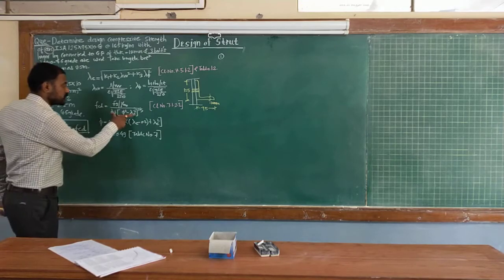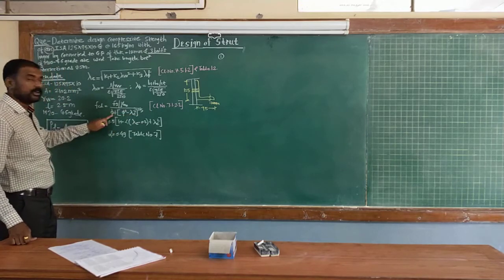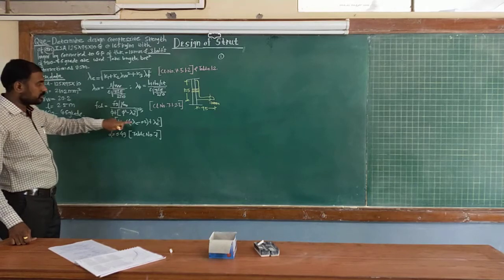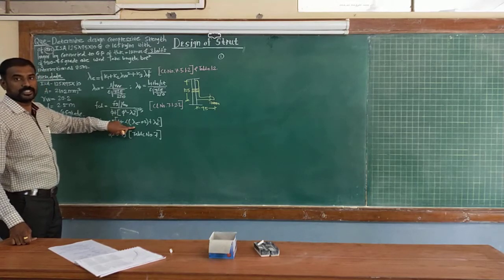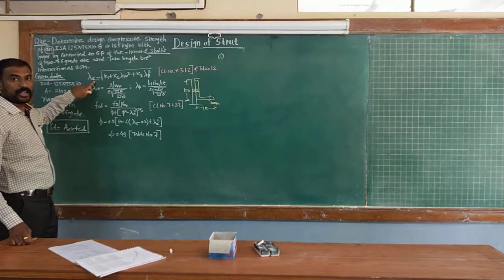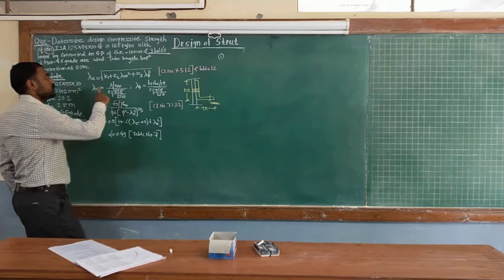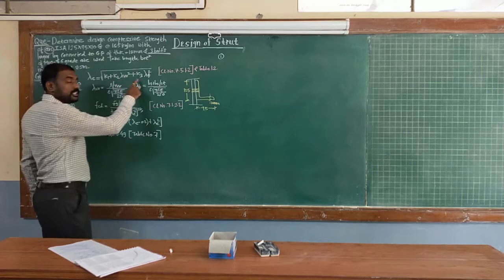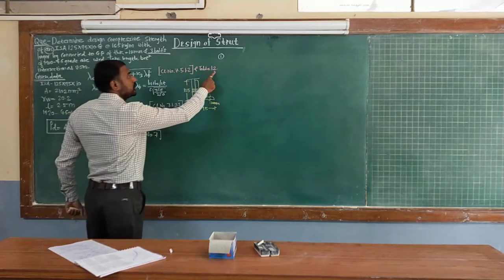Now for this calculation ultimately the value of phi will be required, and for calculation of phi there will be a requirement of lambda equivalent. So going back to the first formula for lambda equivalent, it is calculated based on three factors K1, K2, K3, which are mentioned in table number 12.